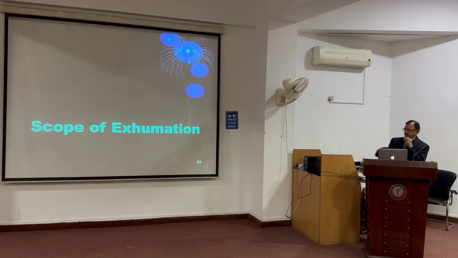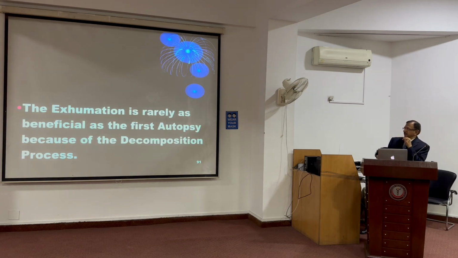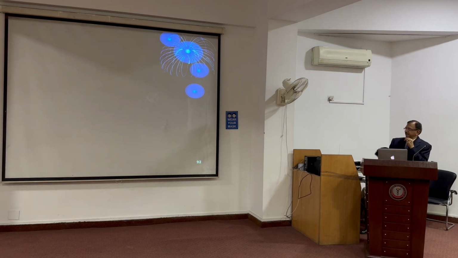So scope depends upon the value, and scope depends upon the objective for which we are doing it. So it is usually rarely beneficial, because the putrefaction process and the decomposition have completely dissolved the soft tissues and degraded the poisons which are volatile.